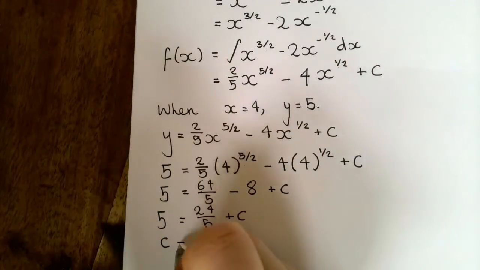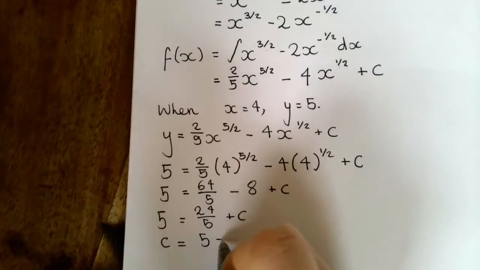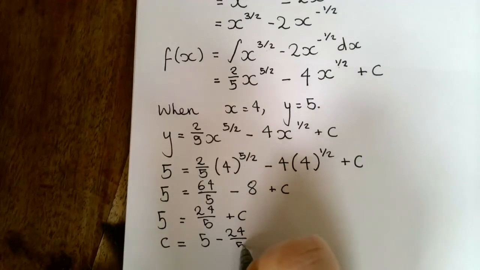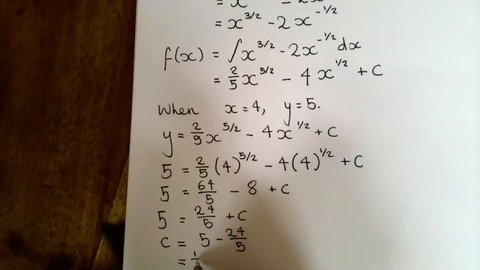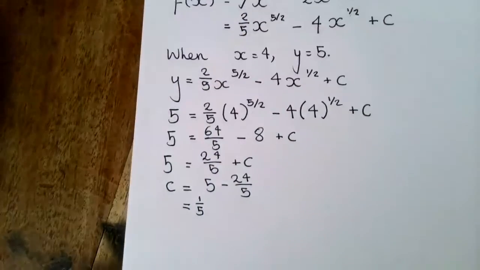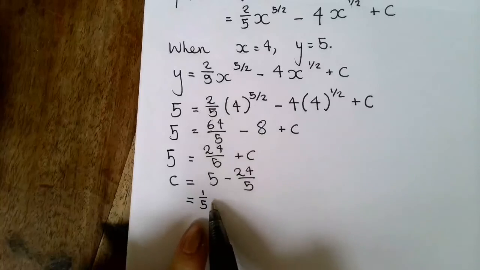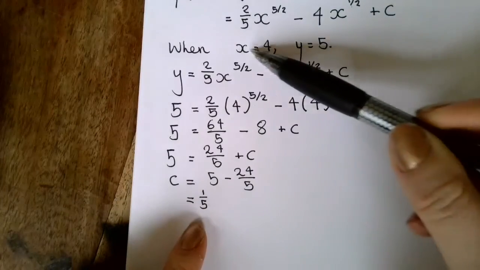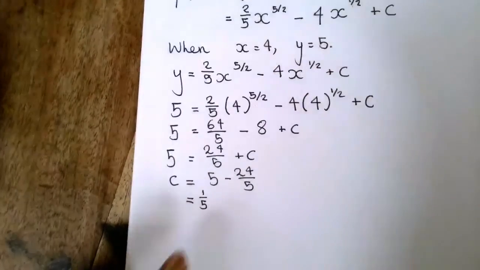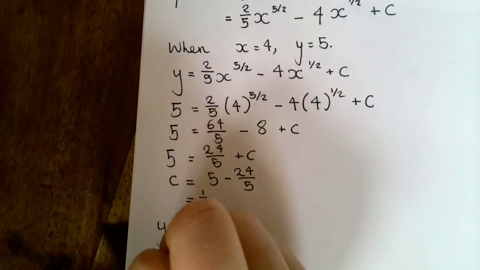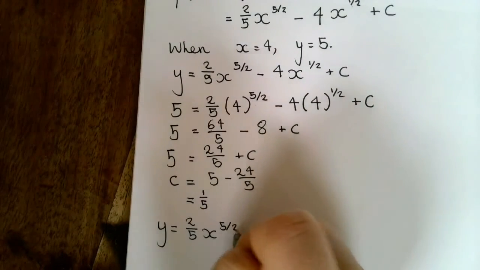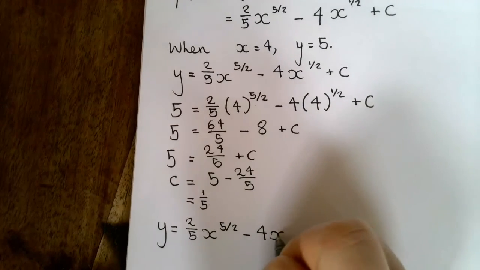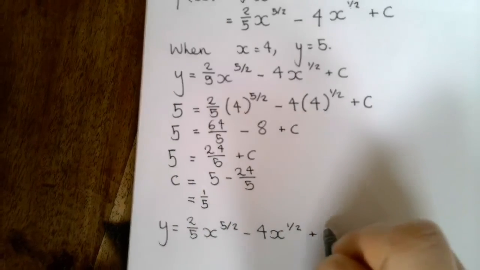So c must be equal to 5 subtract 24 over 5, which is equal to 1/5. So I now have my value for c. I'm going to substitute that into my equation of the curve, and my answer is that y equals 2/5 x to the power of 5 over 2, subtract 4x to the power of a half, plus 1.